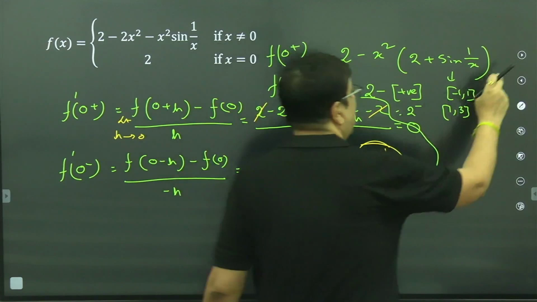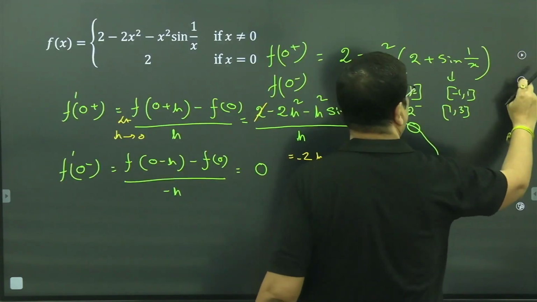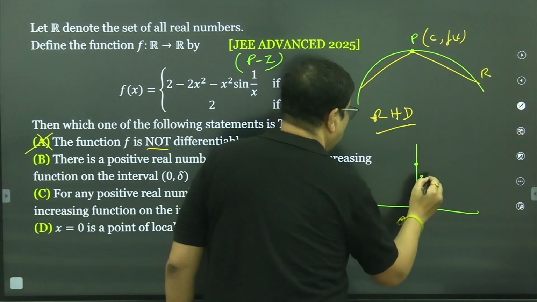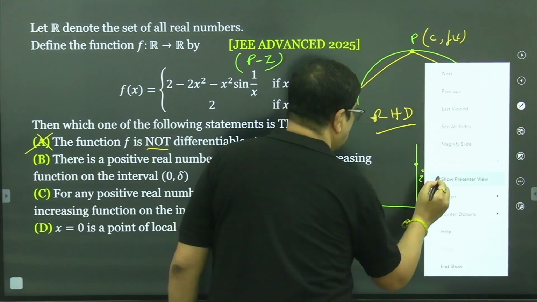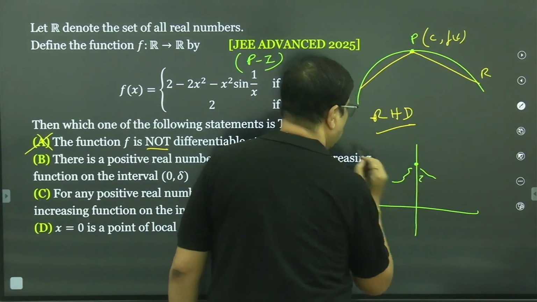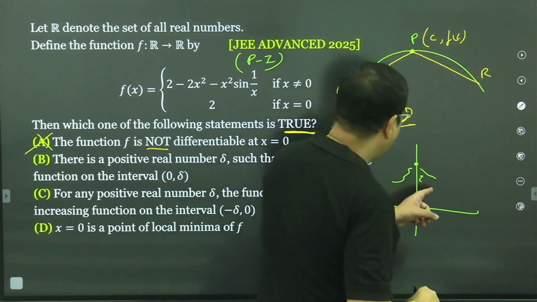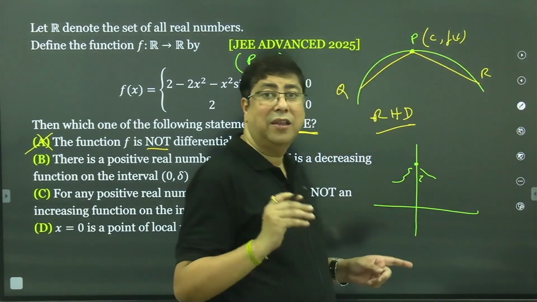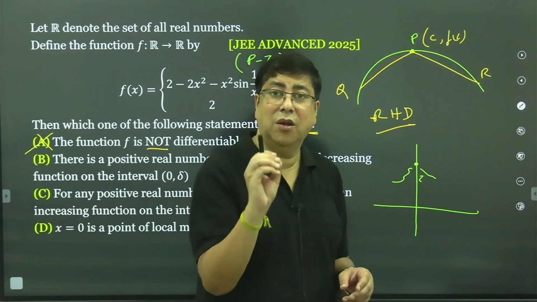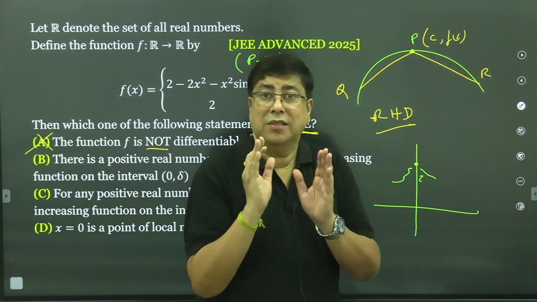Therefore, let's come back to the previous. Here it is 2, and in its neighborhood, whatever may be the curve or graph, the height is lesser than 2. This means at x equal to 0, it has the maximum height.